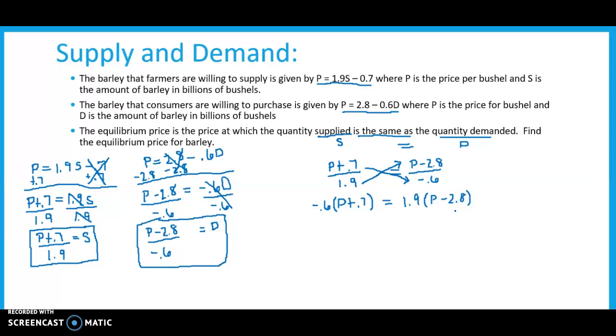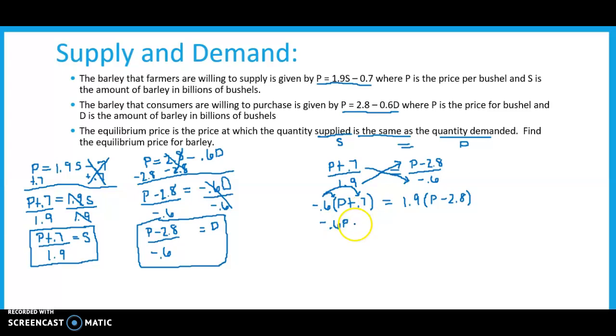So I no longer have fractions, but I do have to distribute because I have those parentheses that grouped the different numerators. So my distributive property means I multiply this one in front times each value that's inside my parentheses, and so I get negative 0.6p.